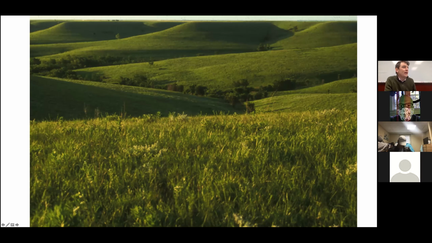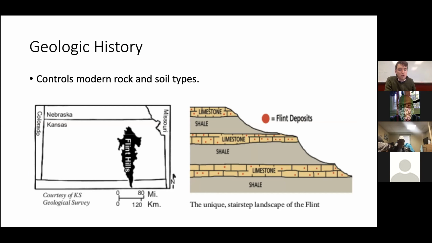The look of this landscape is a function of the geologic history. So if you could sort of take a cross section of the landscape in the Flint Hills region, which is shown here in Kansas, this is where Kanza Prairie is, near the F in Flint Hills, you would see that there are alternating layers of rock, layers of limestone separated by layers of shale.